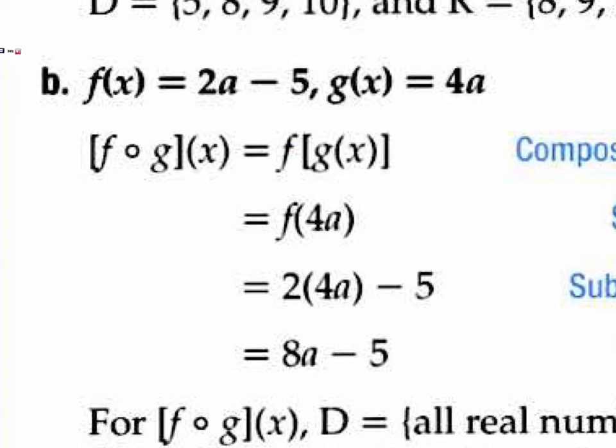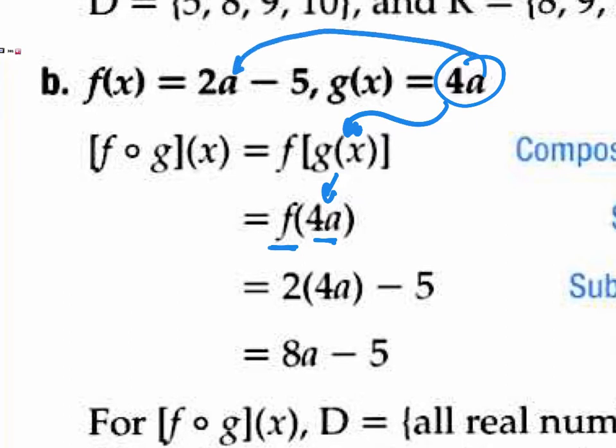So I'm really going to be taking the 4a, that's really my g of x. I'm going to be plugging it in right there, which means that I'm going to plug in 4a into my f of x function. So I'm really plugging in the 4a right here into the a of my f of x function, which would mean 2 times the 4a that I'm plugging in minus 5. 2 times 4a minus 5, which would give you finally the answer 8a minus 5.